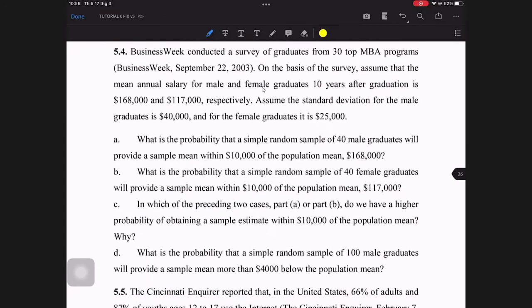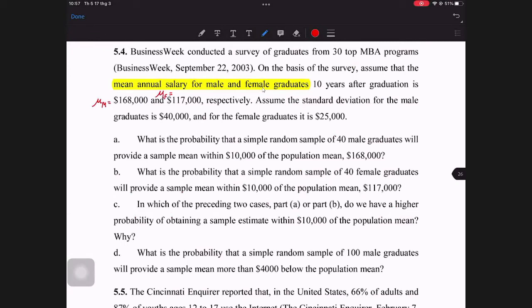So question number 4 here. We have the survey and we have the mean annual salary for male and female. So I just write out here mu male is the mean salary for male, and mu f is the mean salary for female.